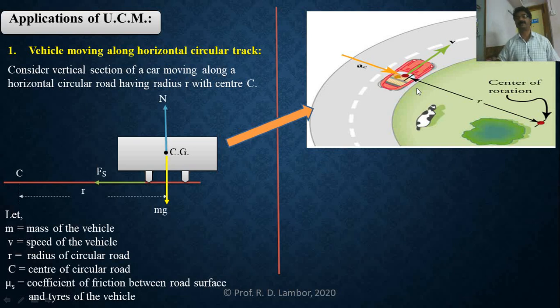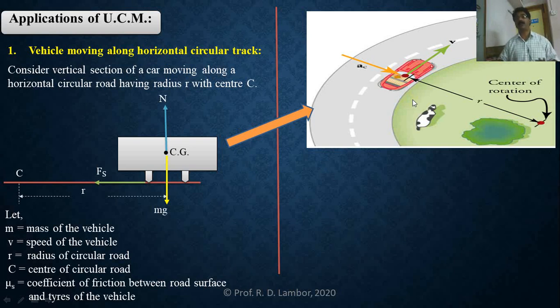In this diagram, the car is taking a turn towards the right along this horizontal circular track because, on this track, both the edges, outer edge and inner edge, are at the same level.